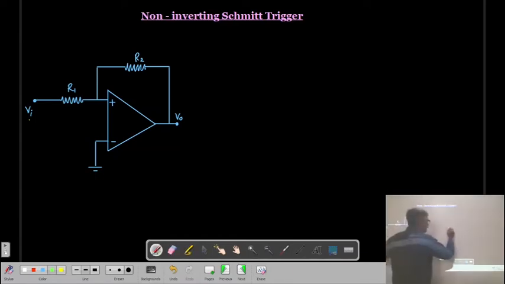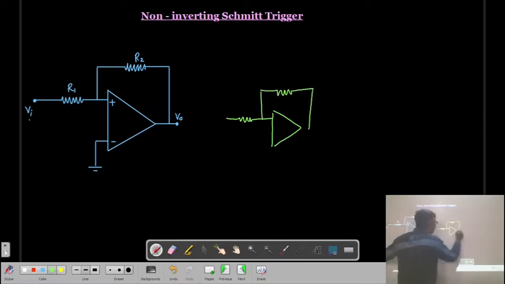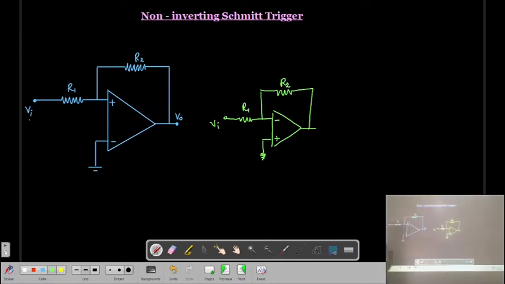If you remember, we have an inverting amplifier. This is negative, positive. This one is connected to the ground. My input voltage is this. Here we have R2 and R1. So this circuit is our inverting amplifier.